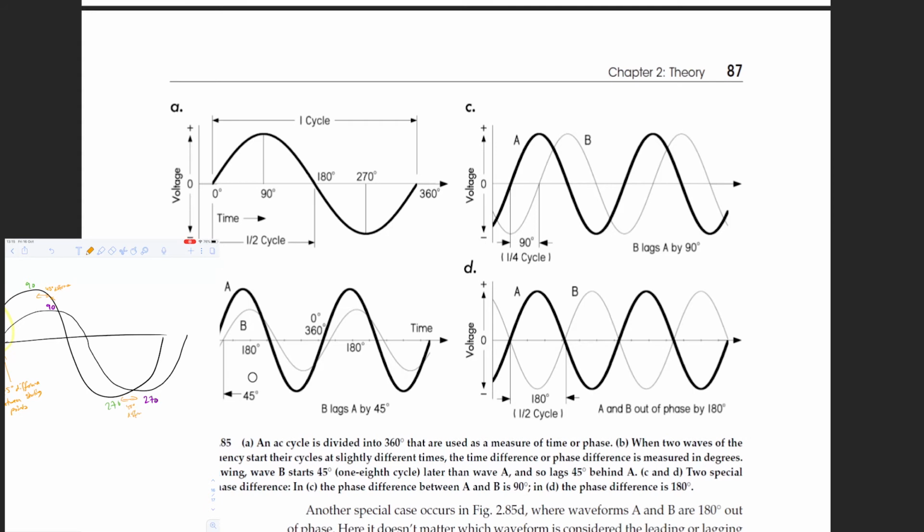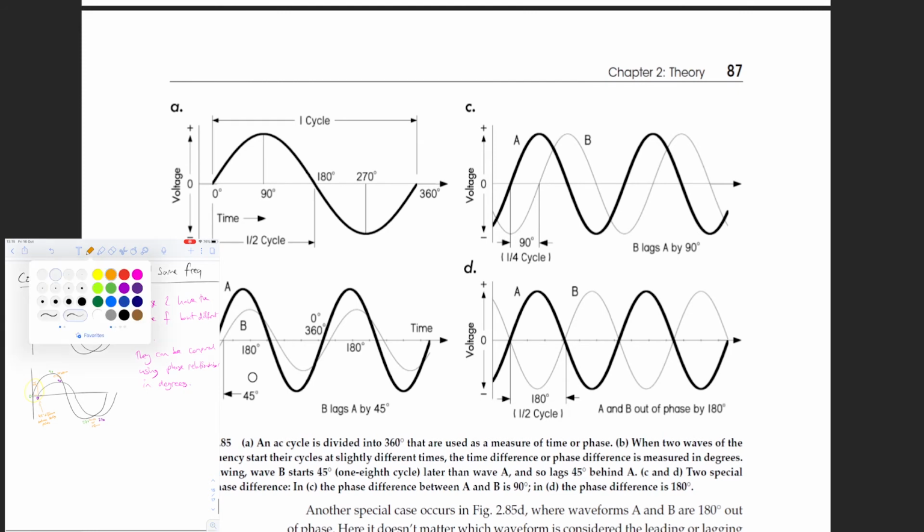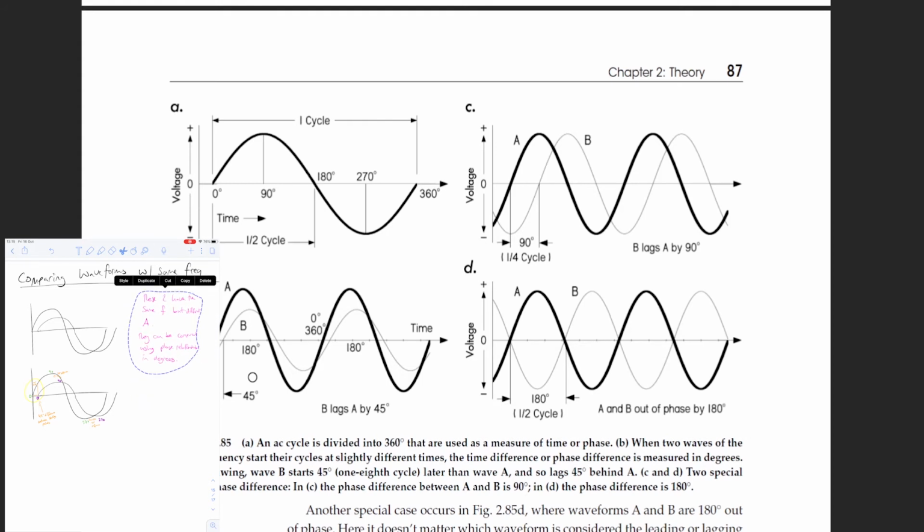And then, yeah, make this smaller. So all right, 45 degrees phase shift between two waveforms.